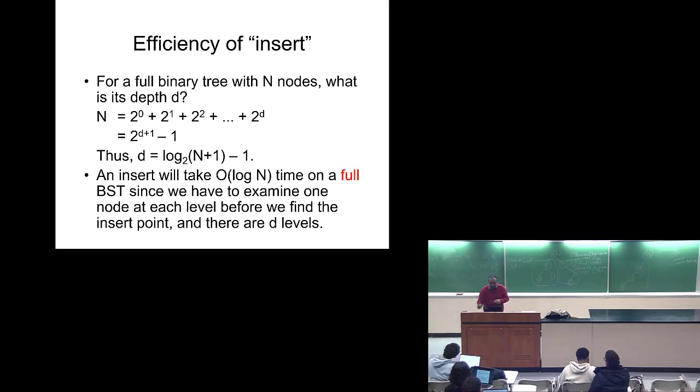Therefore, an insert operation is going to take big O of log n time for a full binary search tree, because we have to examine one node at each level before we find the insertion point, and there are d levels. That is the beauty of binary search tree.